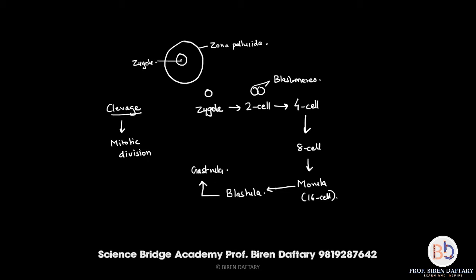Now we need to remember, till this blastula stage, the zona pellucida remains intact. So this structure is going to remain the same in shape and size, and inside this structure the resulting blastomeres will get smaller and smaller because the space is going to decrease. New cells form in order to accommodate inside the space of the zona pellucida.